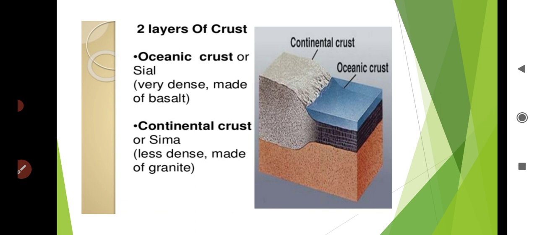The rocks of the mantle are rich in heavy iron and magnesium minerals, and the specific gravity of these rocks varies between 3 and 5, and hence it is mainly made up of diorite. Here the mountain building activities like folding and faulting, volcanoes and earthquakes originate in this layer.